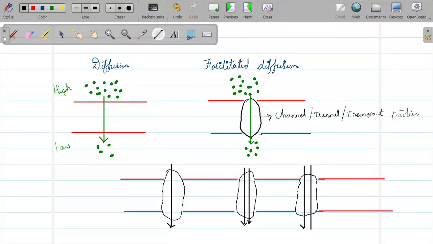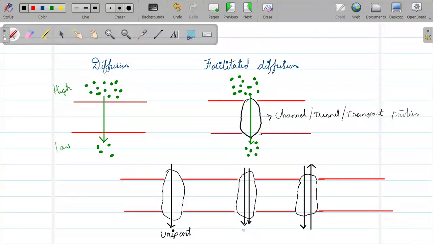So three different pathway mechanisms are there for facilitated diffusion. In general diffusion, we have only one means of transport. Here, the molecules are transported only in one specific direction. This is called uniport facilitated diffusion, or uniport pathway of diffusion.